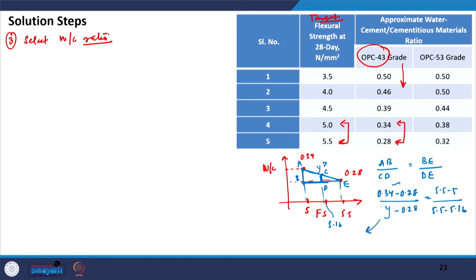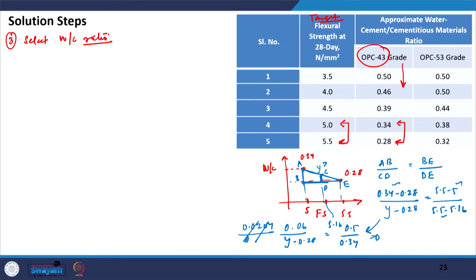If you solve this, you just do the calculation. We have in the numerator here 0.0204 divided by, okay, so this is I think equal to 0.06 divided by y minus 0.28. This is equal to 0.5 divided by 0.34.